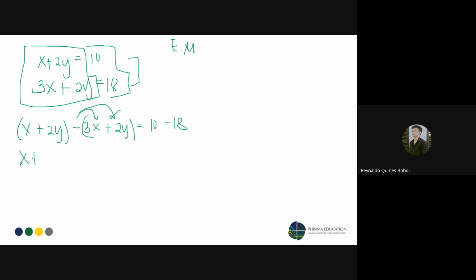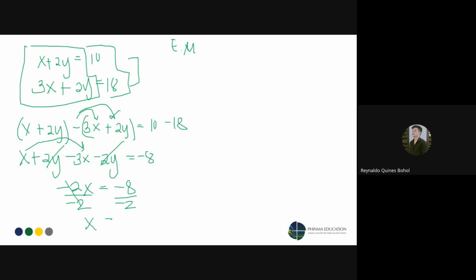So, magiging x plus 2y minus 3x minus 2y equals 10 minus 18 is negative 8. So, negative 2y, positive 2y is cancel. Very good, kaya minus po yan. Yung x minus 3x, the answer is negative 2x equals negative 8. Divide natin both sides by negative 2 para mag-positive siya. Then, the answer will be x is equal to 4.